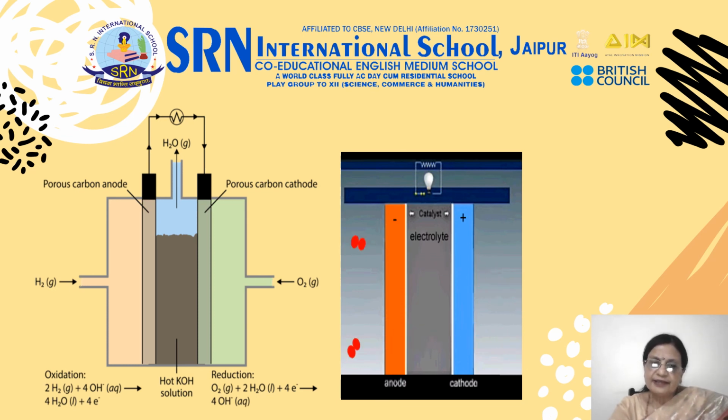At the anode, the oxidation reaction occurs where hydrogen gas reacts with OH minus ions of the KOH solution to form water by removing 4 electrons. At the cathode, oxygen accepts 4 electrons in the presence of water to form OH minus ions. Thus the circuit is completed and electricity is produced.